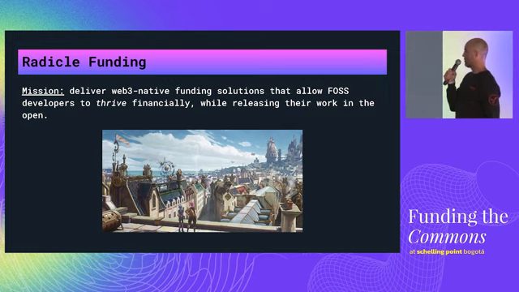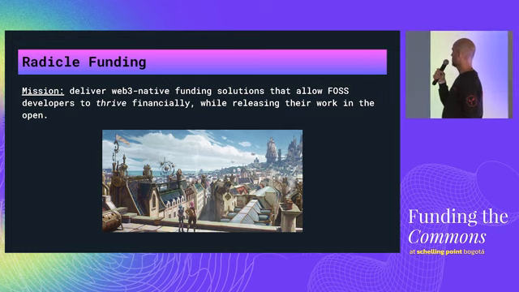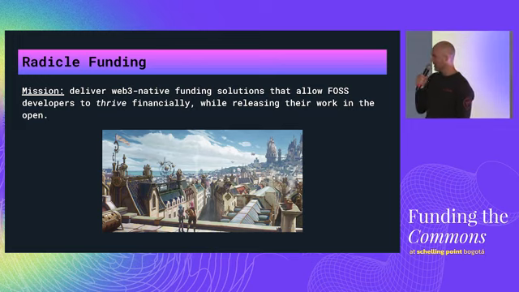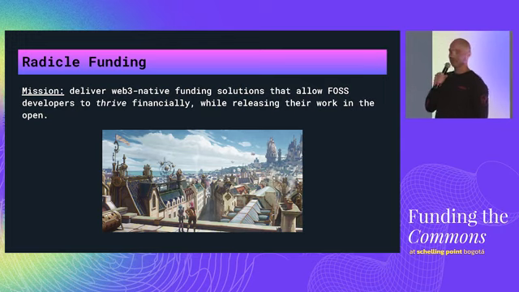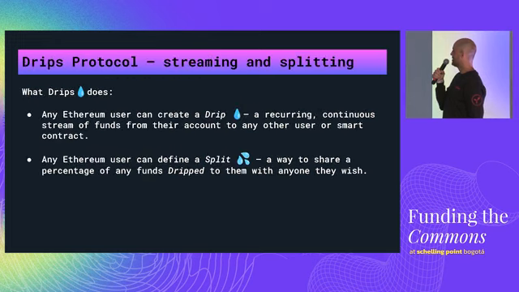We're working to deliver Web3 native funding solutions that will allow FOSS developers to thrive financially while releasing their work in the open. And I'm going to jump into what those experiments look like and how we're doing this, and maybe some of the tools that you can even incorporate into your projects to collaborate with what we're doing and get involved.